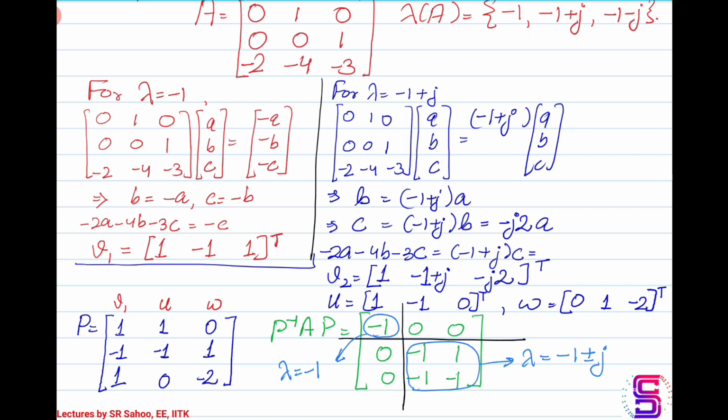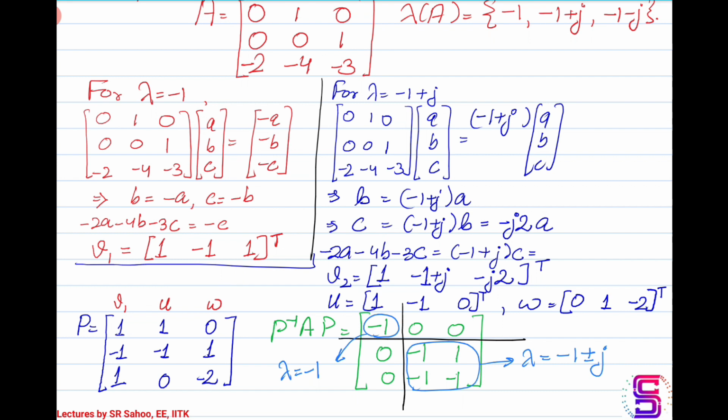In the Jordan block, the diagonal has the real part of the eigenvalue, which is minus 1 in this case, and the off-diagonal positions 2 and 3 consist of the imaginary part, so this is 1 and then minus 1.